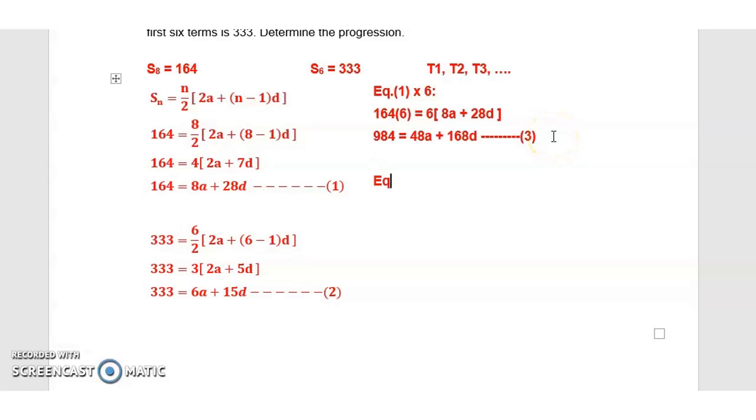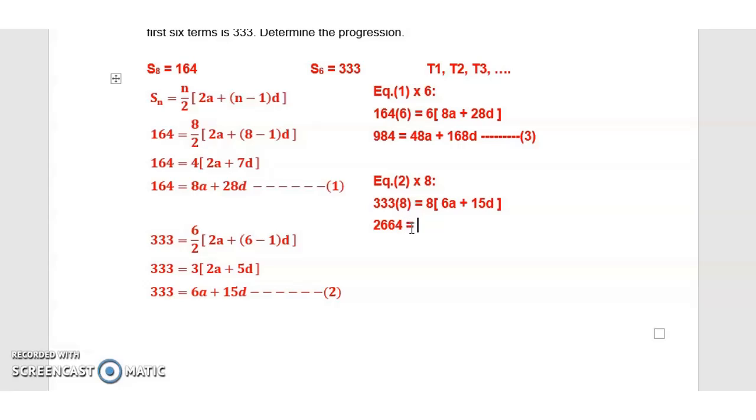Okay, now equation 2 multiply by 8. Okay, this one we want to get the common multiplier for a. So equation 2, 333 times 8 equal to, so the whole thing on the right hand side multiply by 8 as well. 8 multiplied by 6a plus 15d. 333 multiplied by 8 equal to 2664.